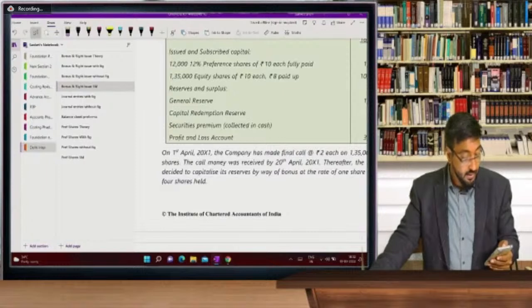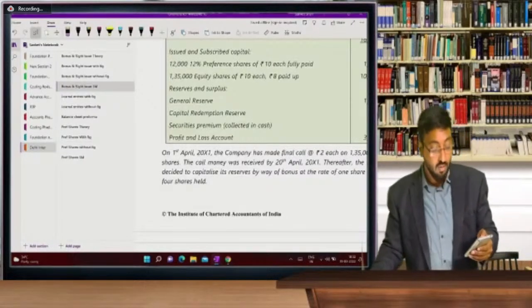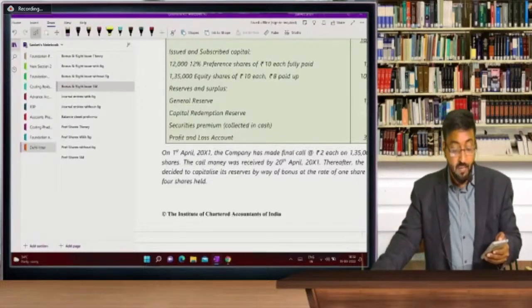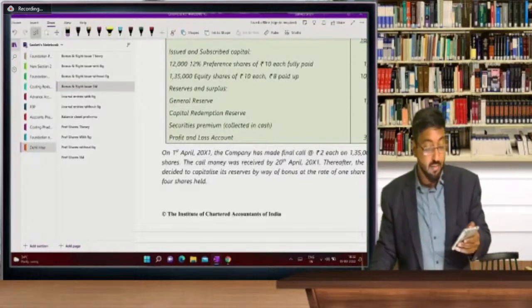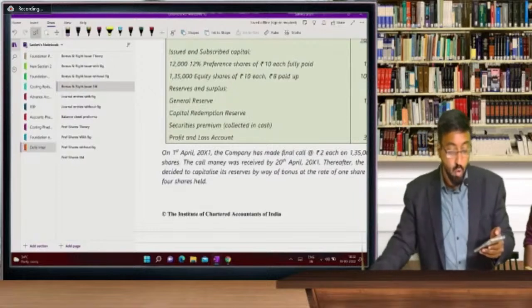Now I just want to check these notes. Under live coaching classes, click live coaching classes batch number 5. Under that, you will get the option to download notes.